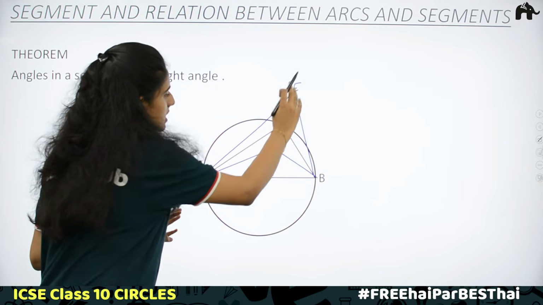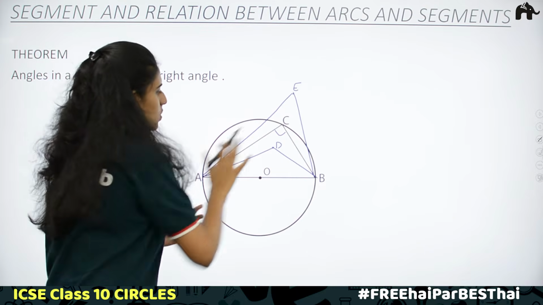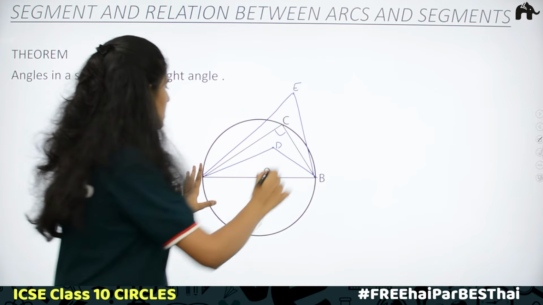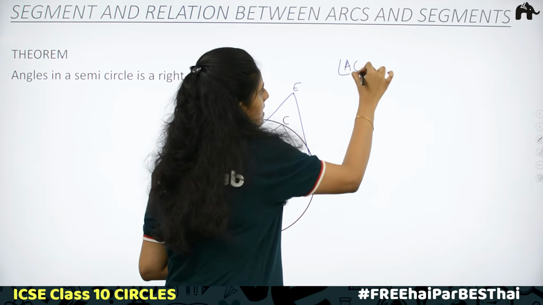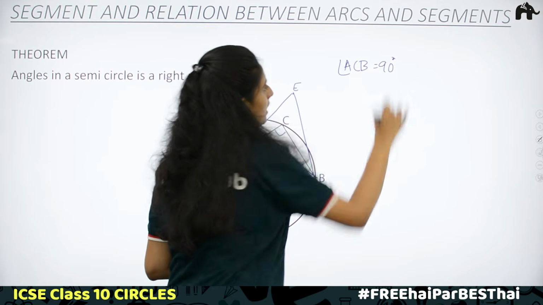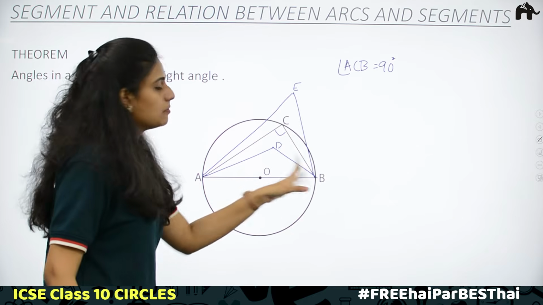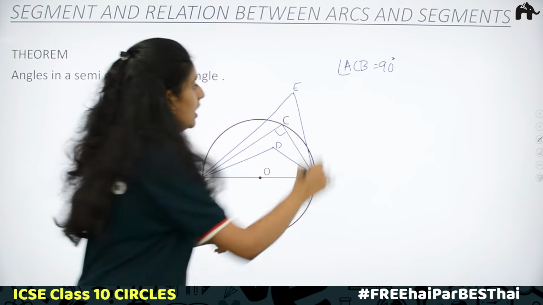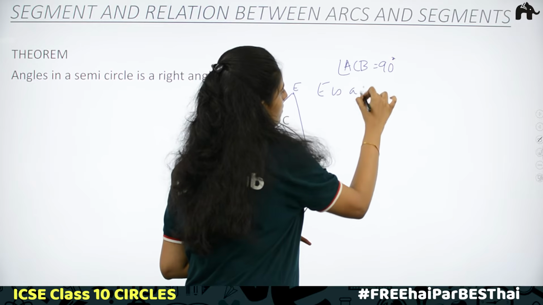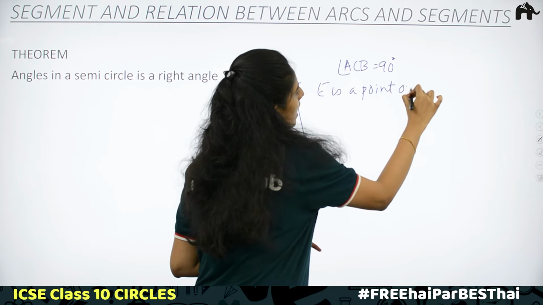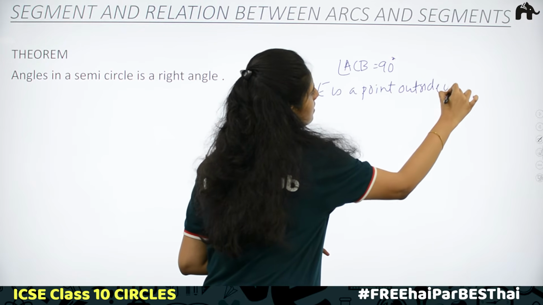Yes. Now, just check these angles. What is the relation between these angles? We know this angle ACB is equal to 90 degree because this angle belongs to the semicircle or is subtended by the diameter. Now, E is a point outside circle.